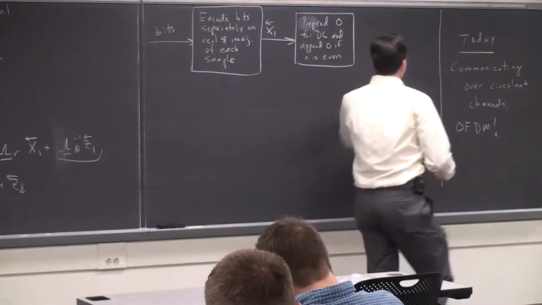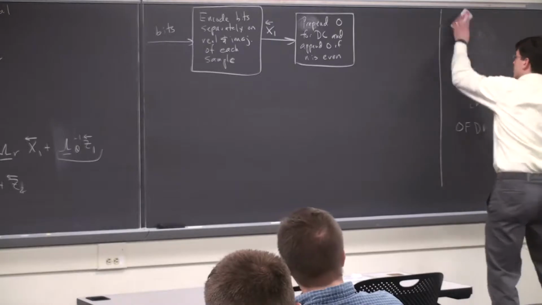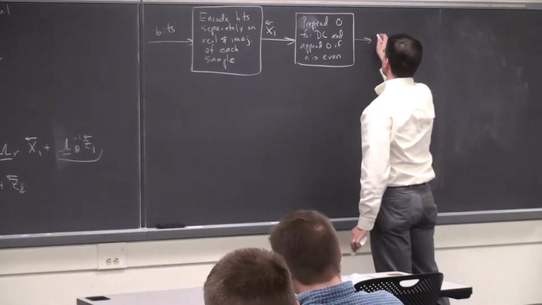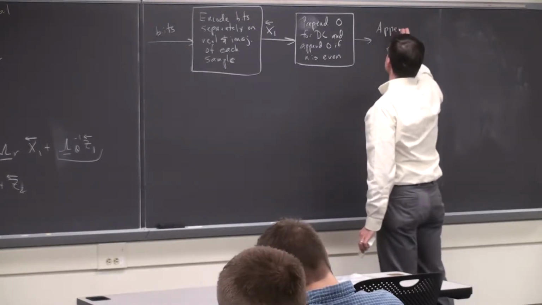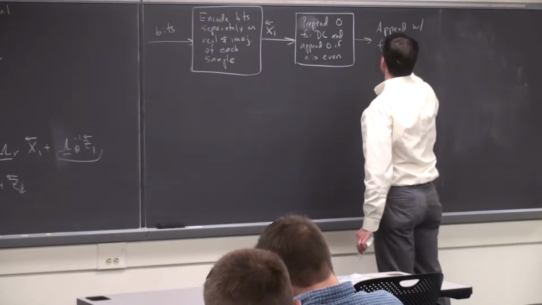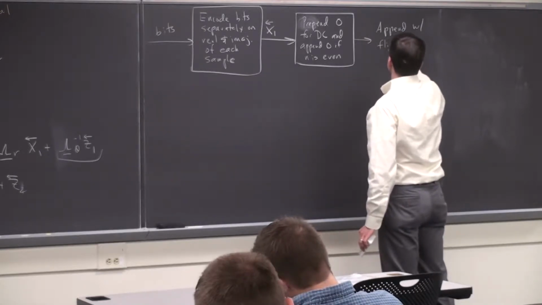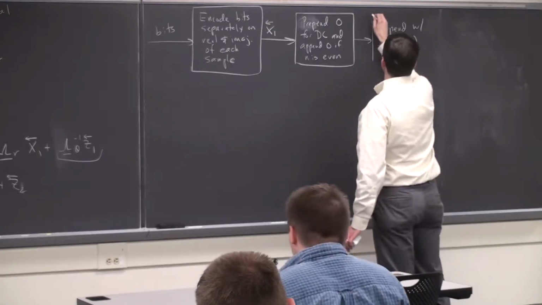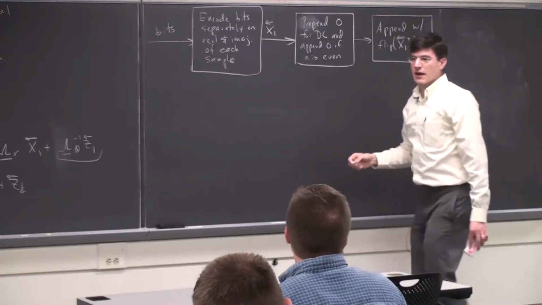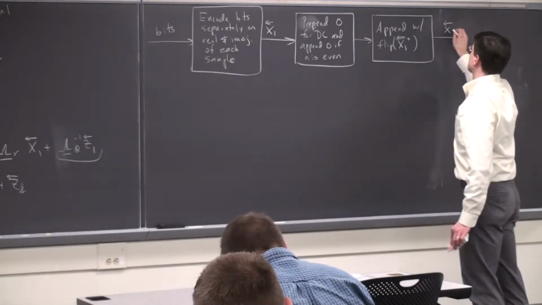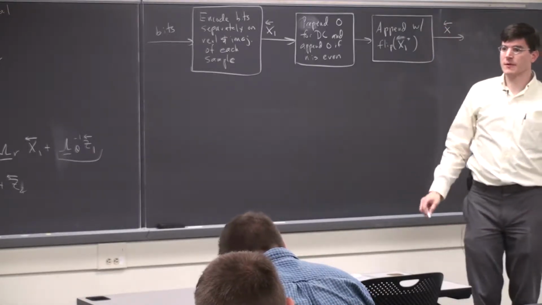This is going to get kind of crowded, so I'm going to erase this over here. You then append the flipped conjugate of x1, and that gives you x in the frequency domain.